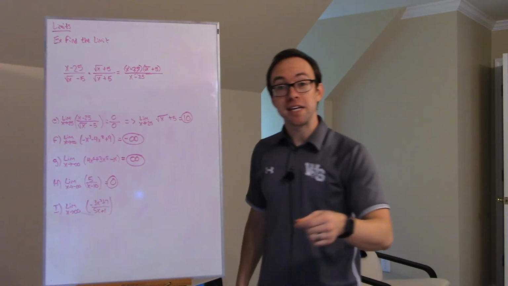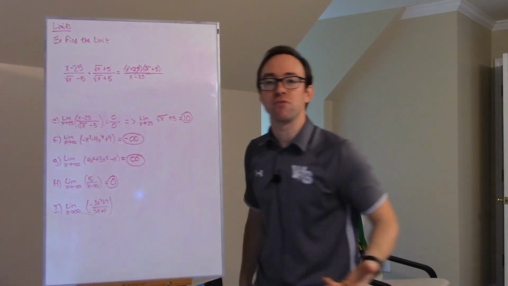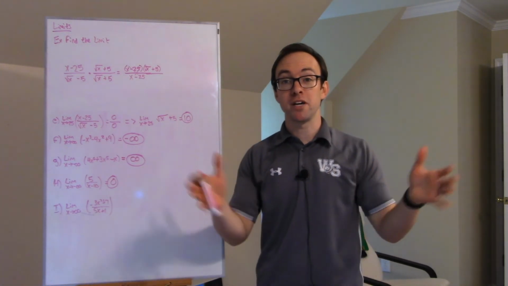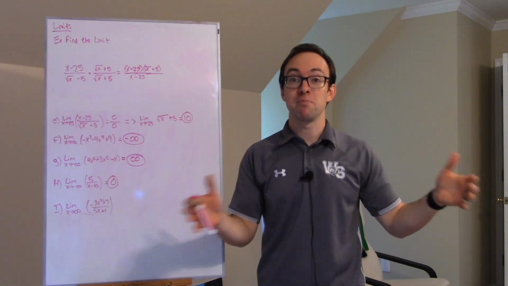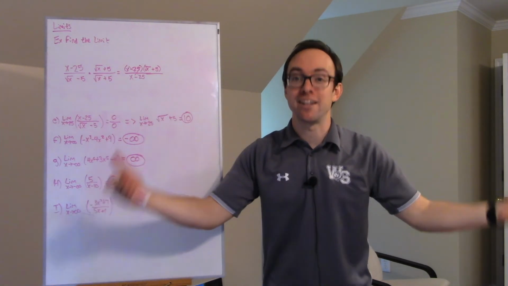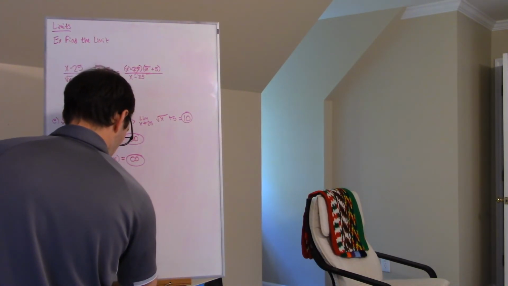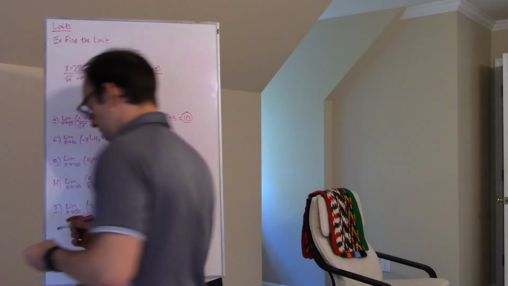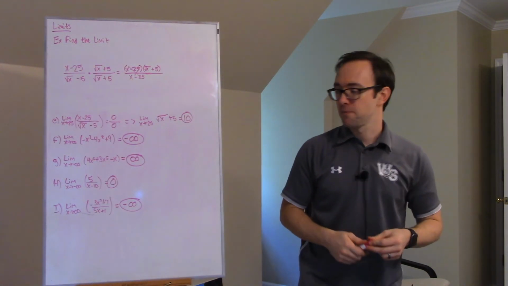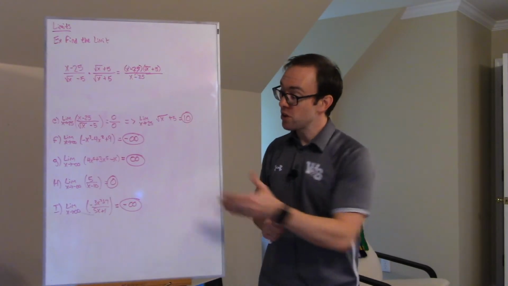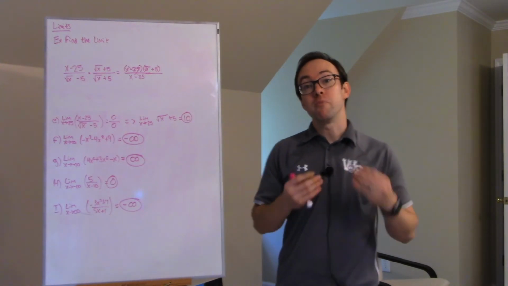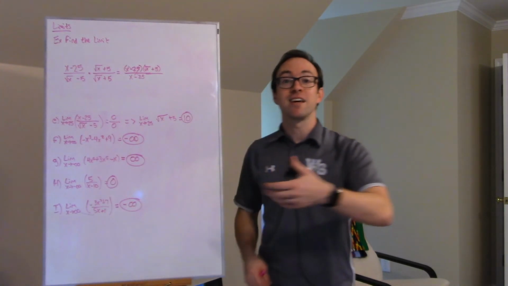But what ends up happening is the coefficient in front of it is a negative 3. So even though it's getting bigger and bigger, it's getting bigger and bigger negative numbers. So that means that we are going to have a limit of negative infinity.